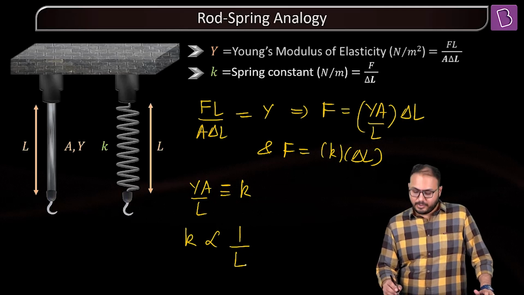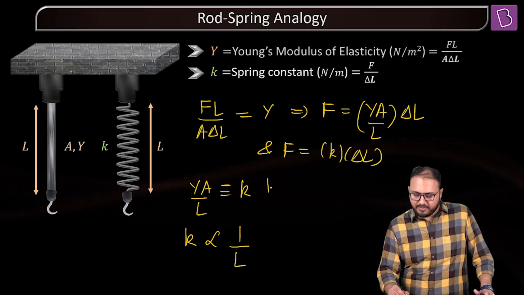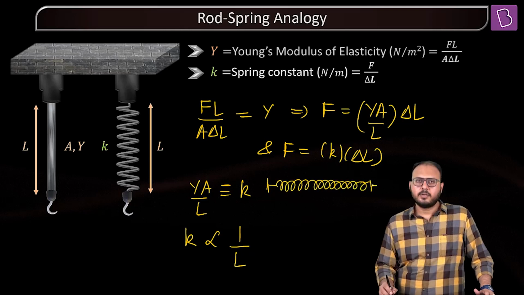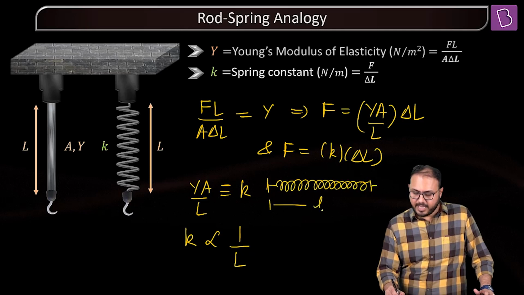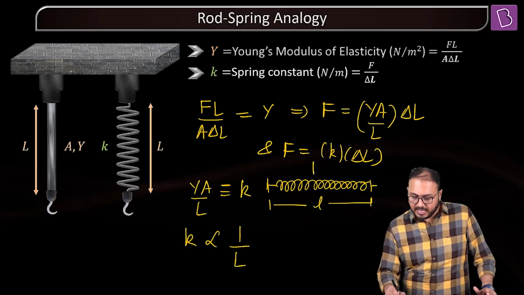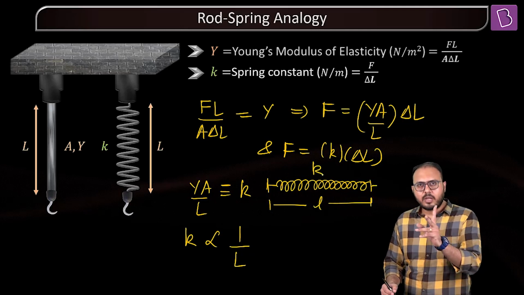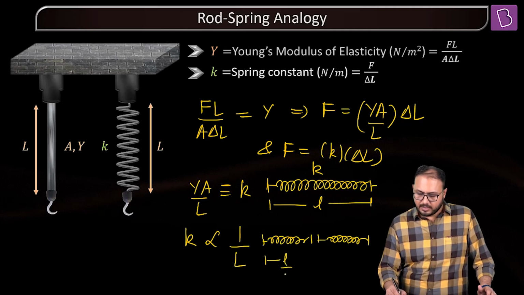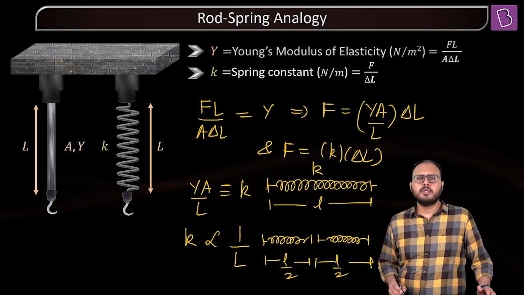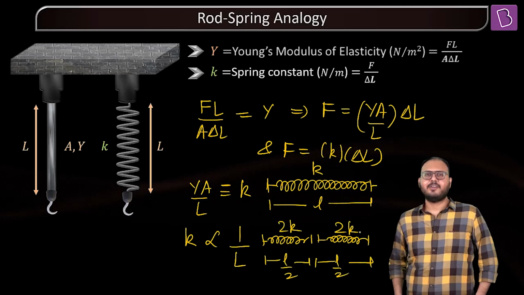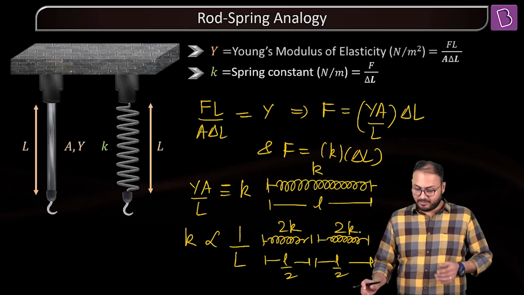So if you have a spring whose length is L and spring constant K, and you cut the spring into two parts of L by 2, then the K of each half is 2K. Oh, that's brilliant.